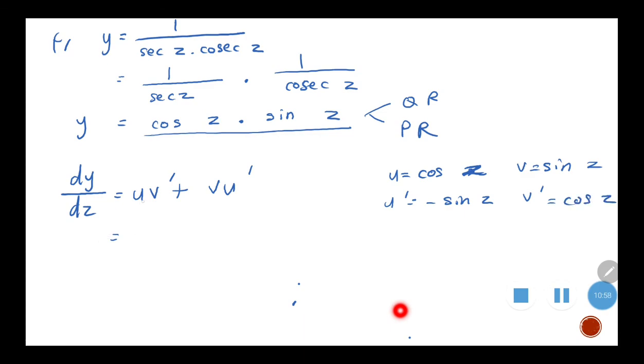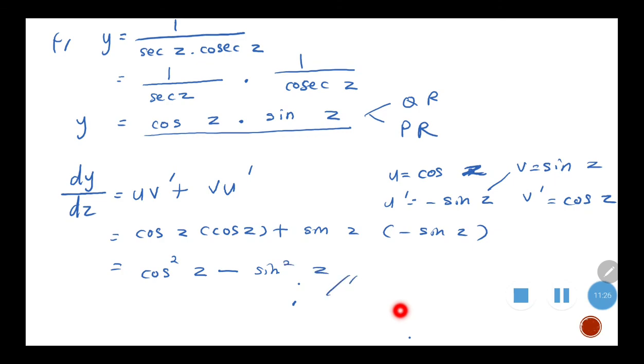So uv prime is cos z times cos z, plus vu prime, sin z times minus sin z. So the final answer should be cos squared z minus sin squared z. Okay, so that's all for today.